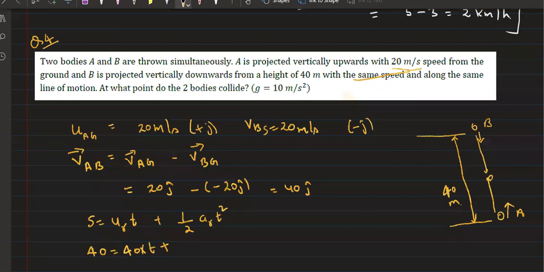Just think about this. Acceleration of A with respect to B: acceleration of this with respect to ground is positive, whereas this with respect to ground is negative. So overall relative acceleration would be zero because both have the same force, right?